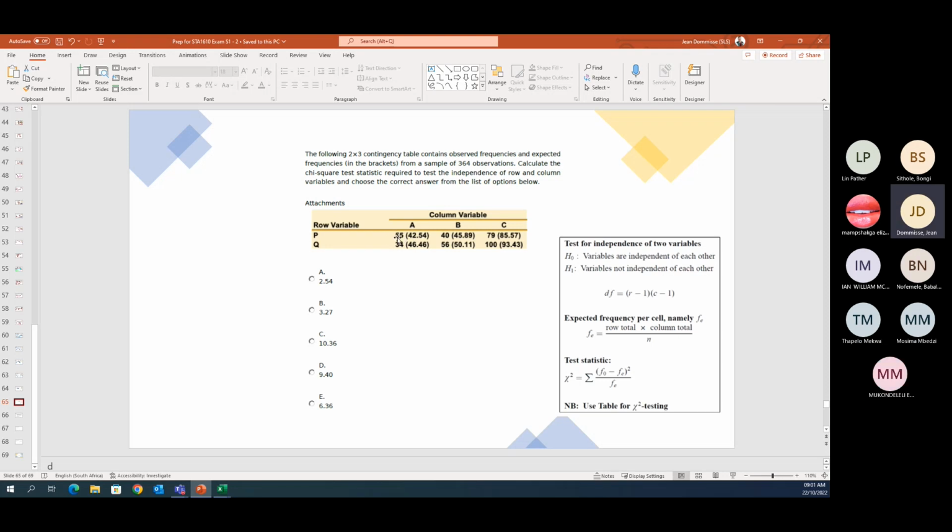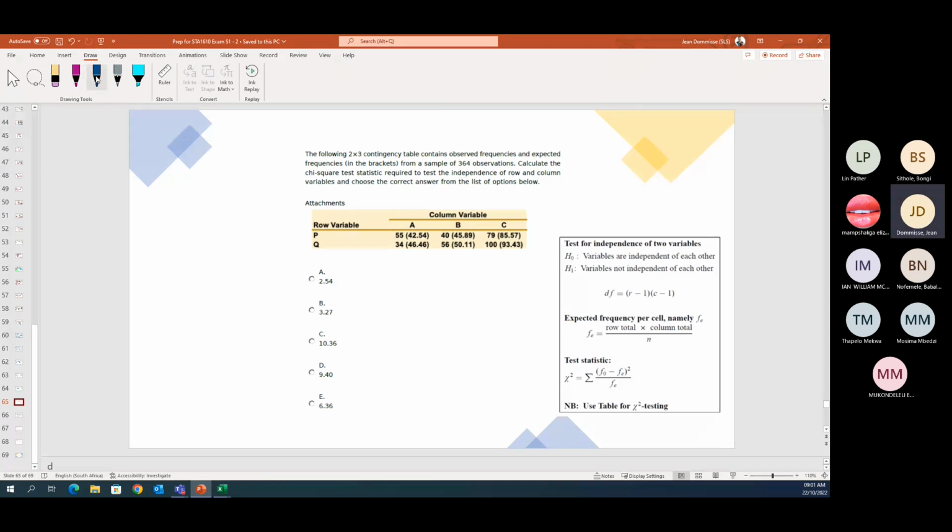They give us the observed numbers, and in brackets they give us the expected numbers. So probably what they want us to work out is something like that, because we've got the observed, we've got the expected.